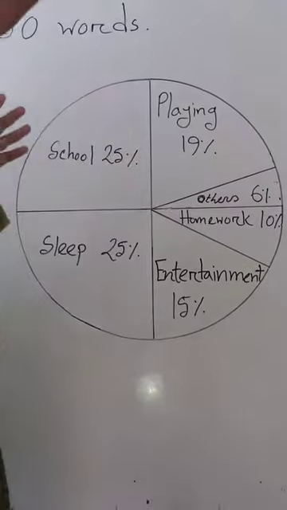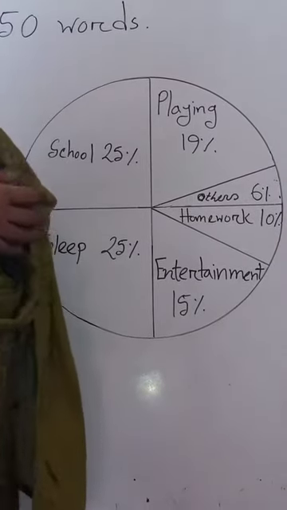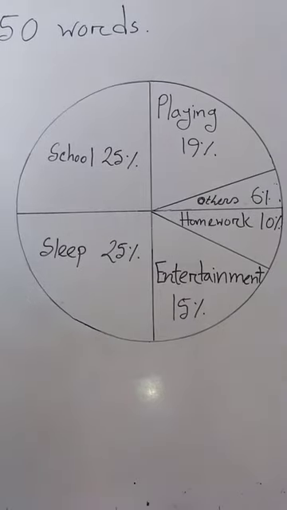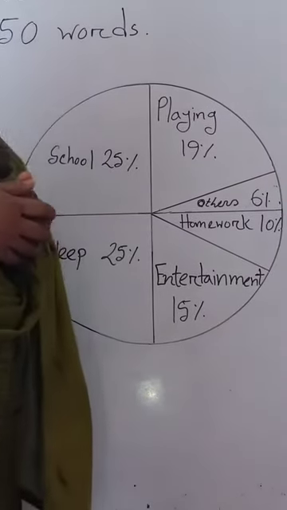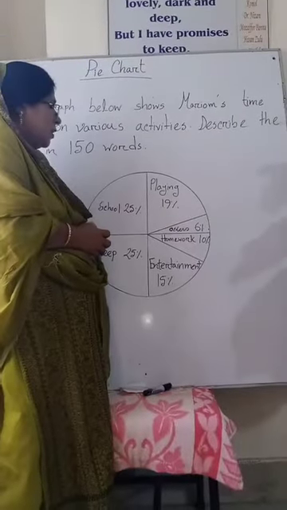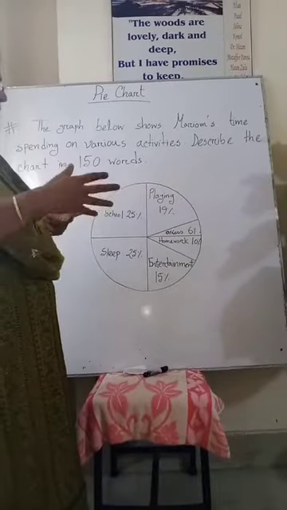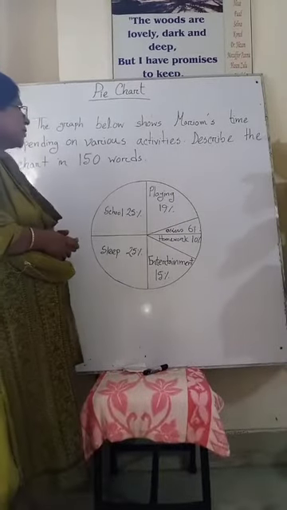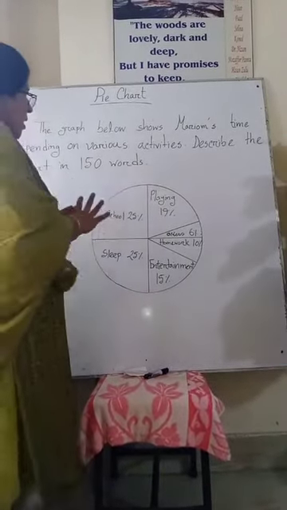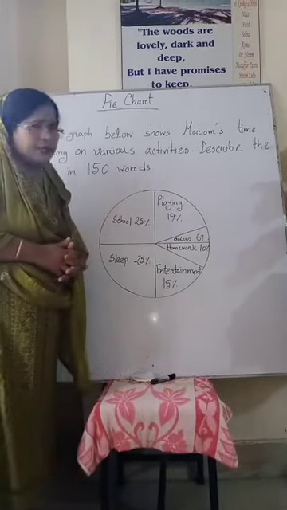And here I find that most of her time she spends for schooling and sleeping, and very little time she spends for homework and other activities. Okay, this is what you can call the highlight. And summarize. In summary, you can say that this is Morium's perfect time spending on various activities.